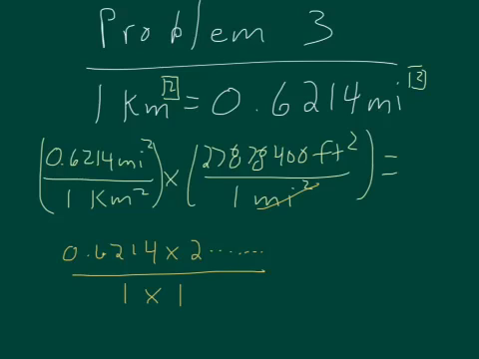We get to cancel out square miles, and so the number we end up with is 10,764,908, and what's left over for units is square feet on the top per square kilometer on the bottom. So that's how many square feet go into a square kilometer.